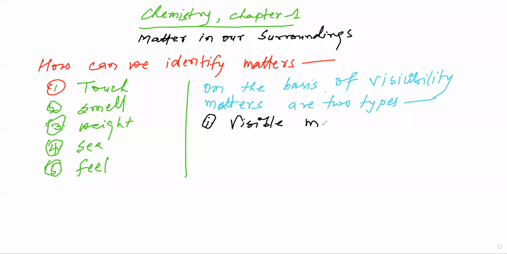Visible matter is matter we can see easily or with the naked eye.